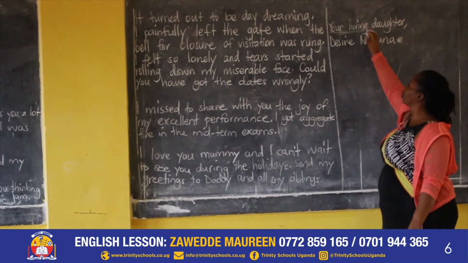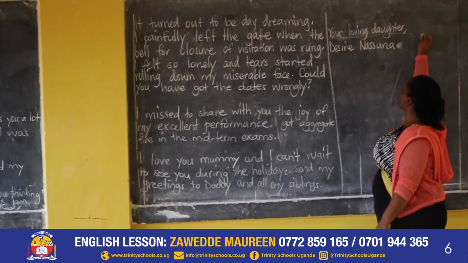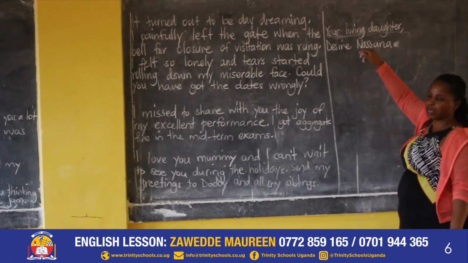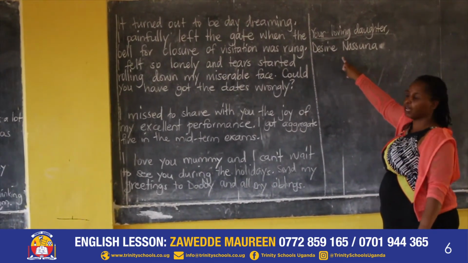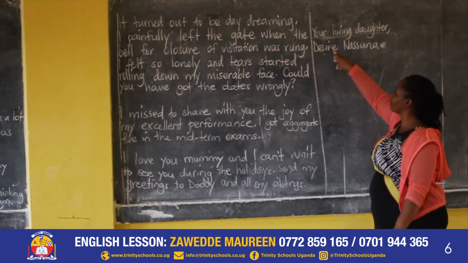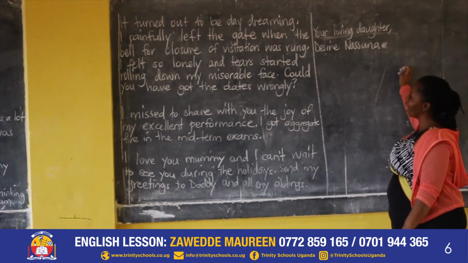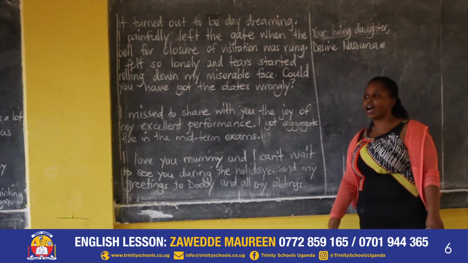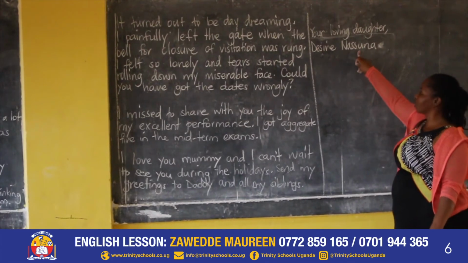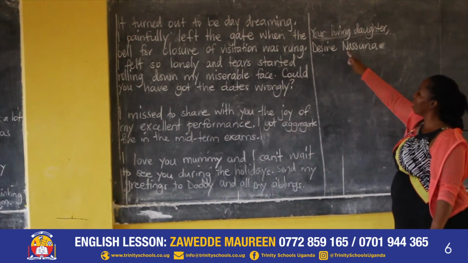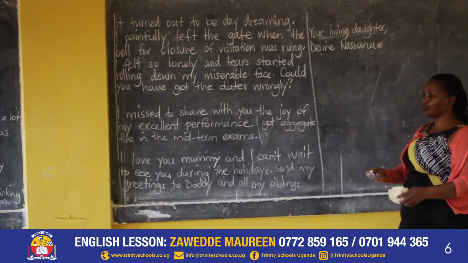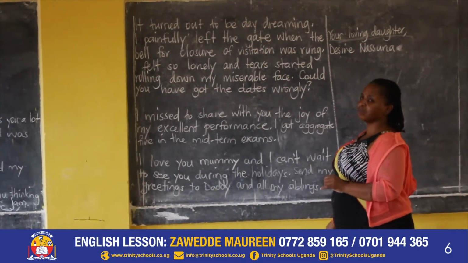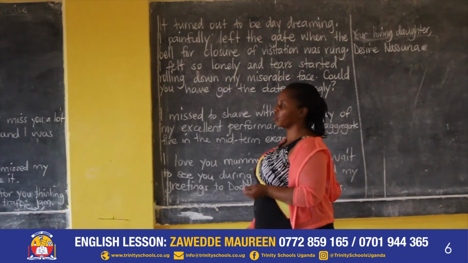I am a daughter to the person I am writing to. Then I put my name in small letters, as you see here. Desire Nasona wrote this letter to her mother, and that's why you see Nasona Desire put her name here in small letters.